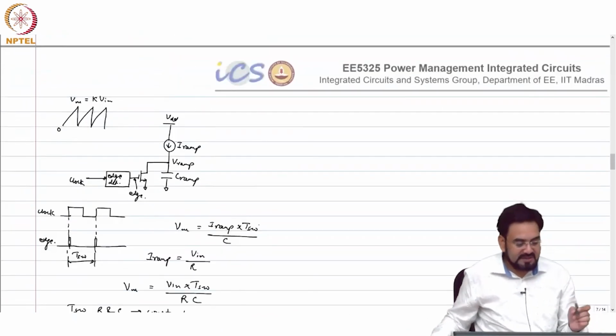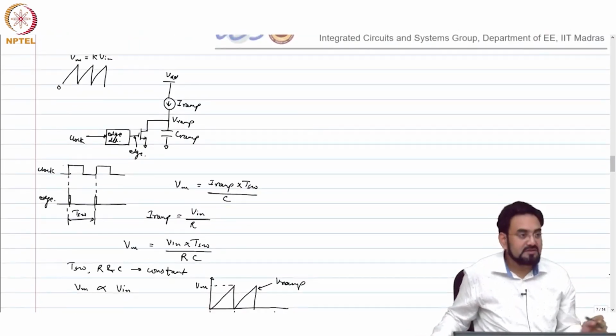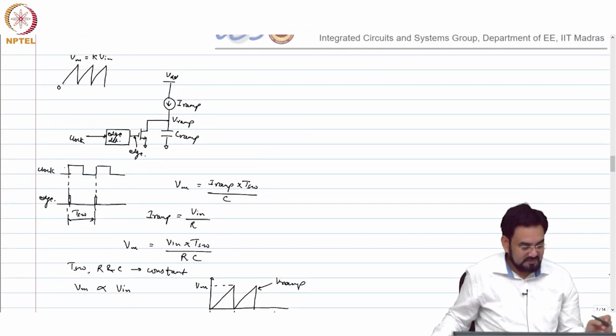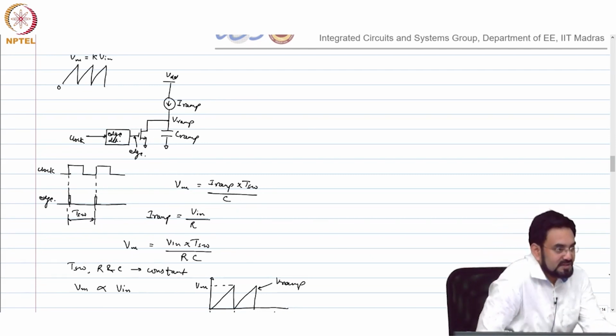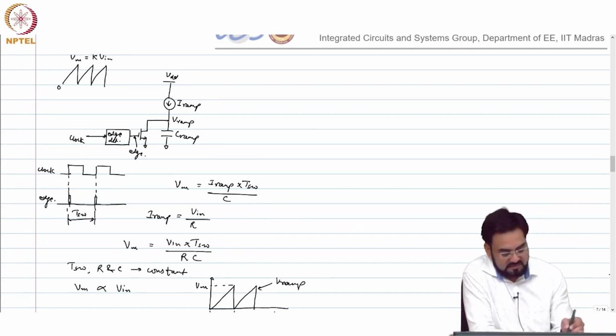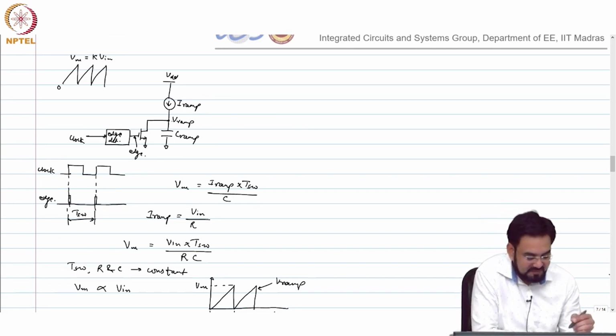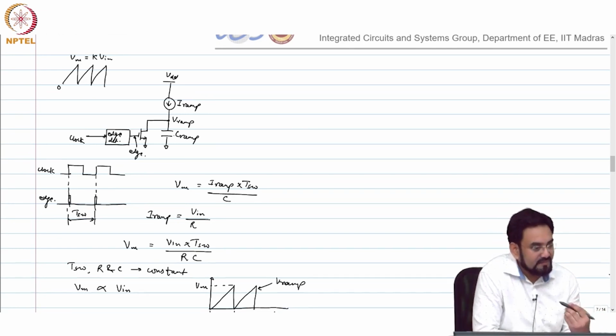So what you do is reset at every edge of your clock cycle, which is at the switching frequency. The capacitor will discharge to 0, and then when this switch turns off again, the capacitor will start charging, and the peak voltage of this ramp will depend upon the current, the capacitor value, and the period.